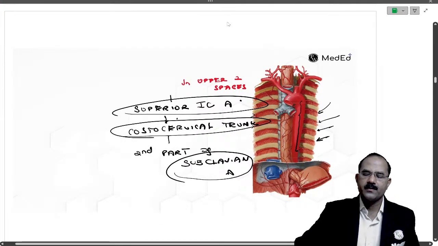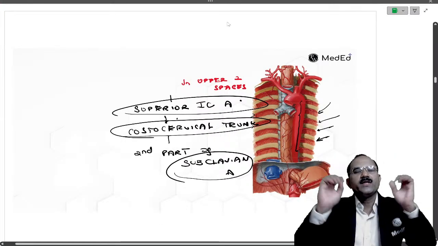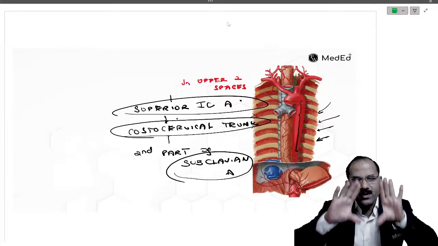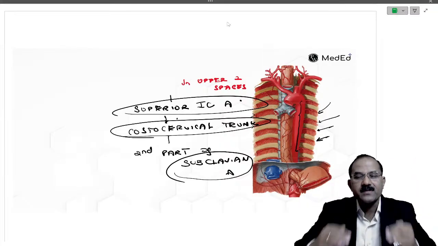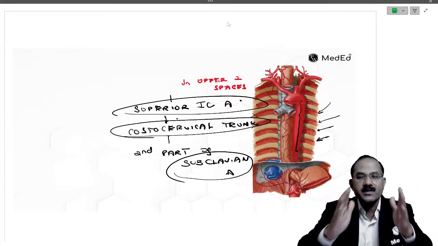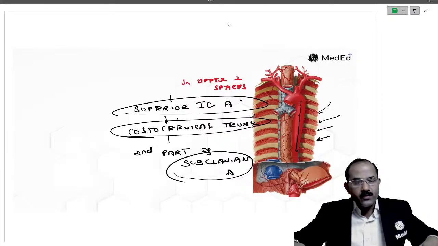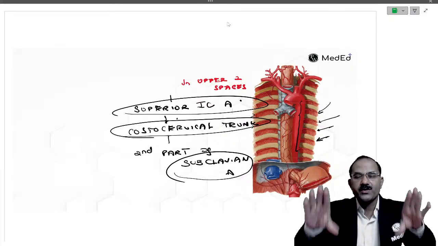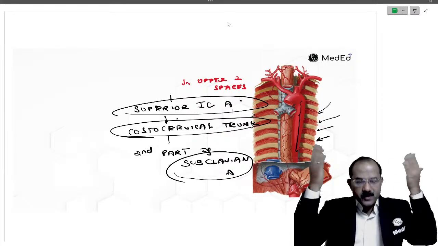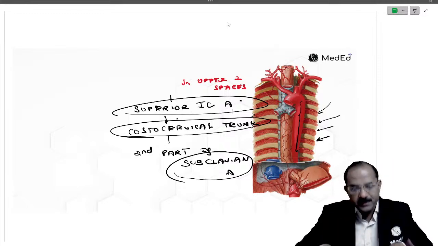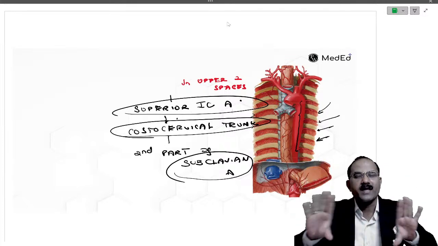Coming back to the intercostal arteries, anterior intercostal arteries in the upper six spaces are branches of internal thoracic artery. In the lower spaces, these are branches of musculophrenic artery. The posterior intercostal arteries in the lower spaces are branches of descending thoracic aorta.